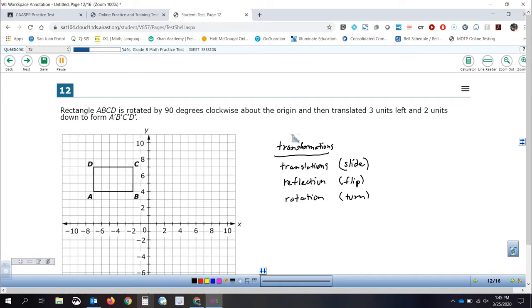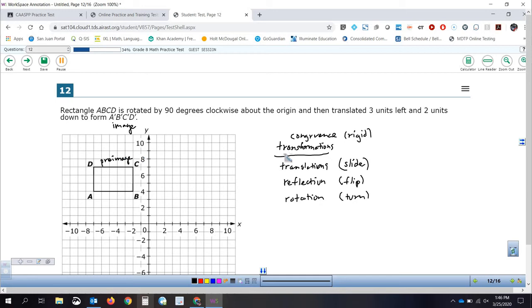These three transformations are called congruence transformations, or sometimes they are called rigid transformations. The reason they're called that is because of the original image we start with, which we call the pre-image, and our final one that we finish with, which we call the image.